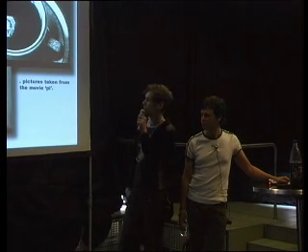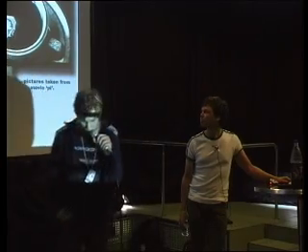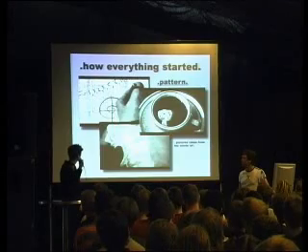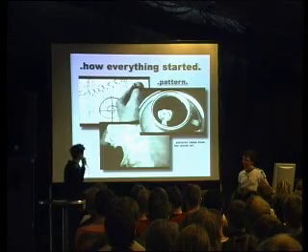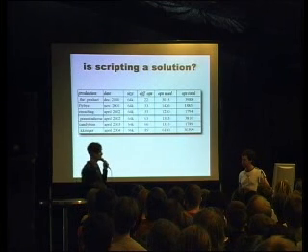We wanted to use this technique, and we did some of these patterns from the formulas. And we thought, okay, scripting is a solution for that. Of course, it is.